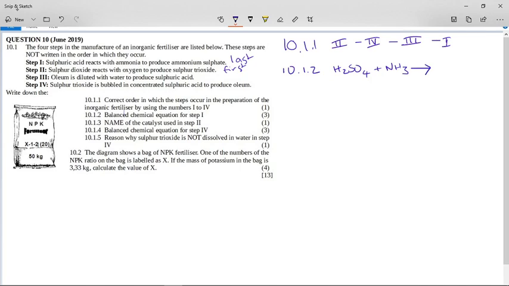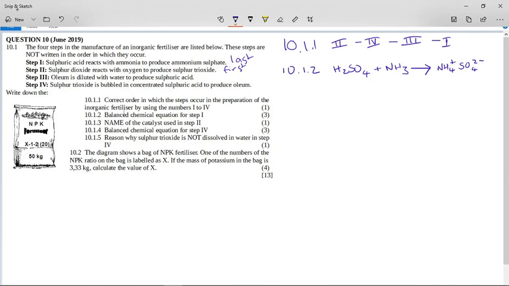Now it says ammonium sulfate, so remember ammonia goes to the ammonium ion, which only has a charge of +1, and the sulfate ion is SO4 with a charge of 2-. So I'm going to put in the charges here, just for the moment. If you have a look here, this is not balanced because the ammonium has 1 positive and the sulfate has 2 negative.